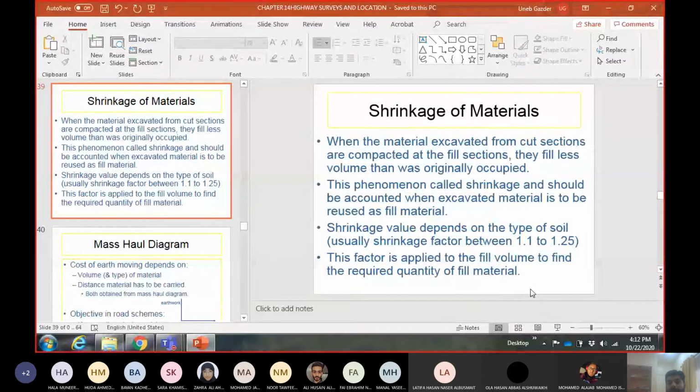Then, shrinkage of material. One thing you need to consider when you are calculating the quantity of earthwork is the shrinkage of material. What do we mean?